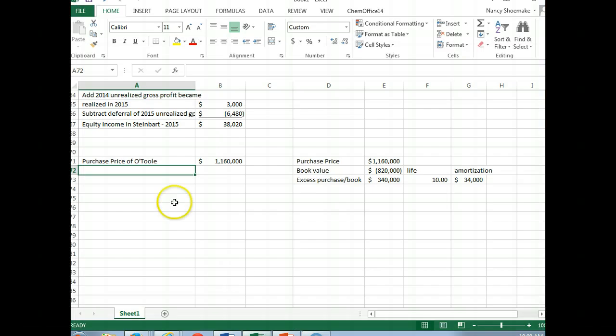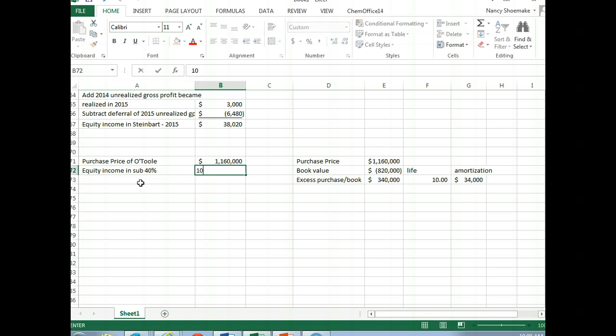So our equity income in sub at 40% is $104,000. Then we need to show the amortization of the copyright, and that is going to be $34,000.